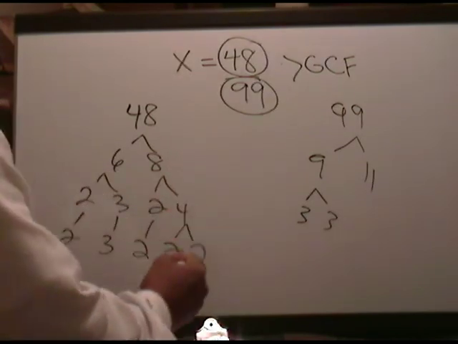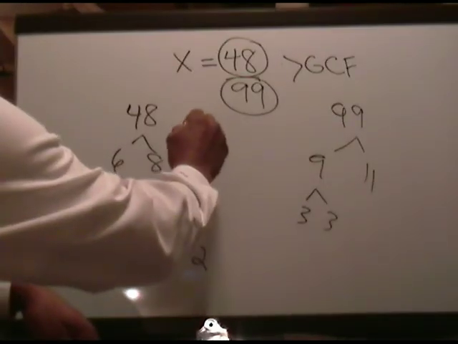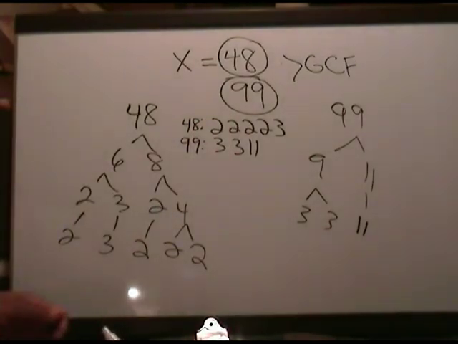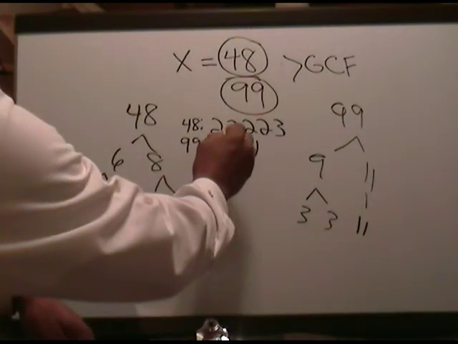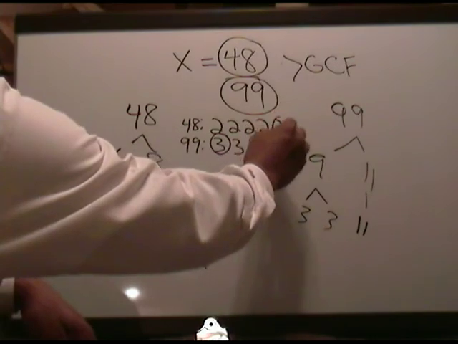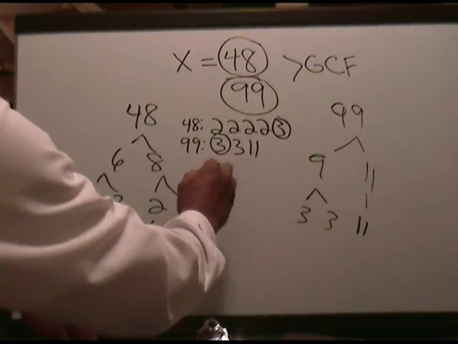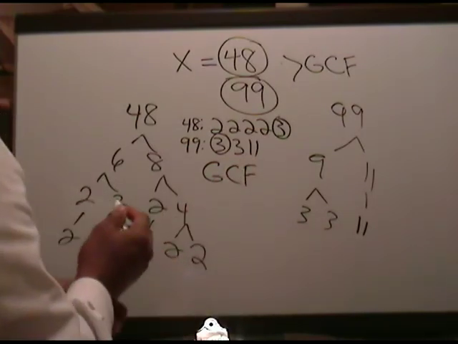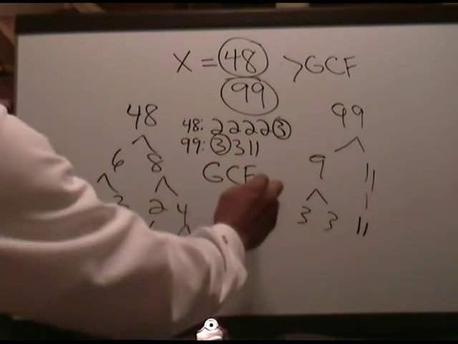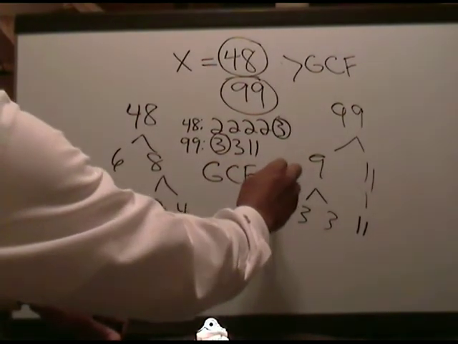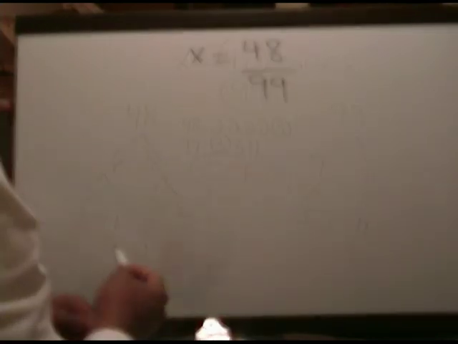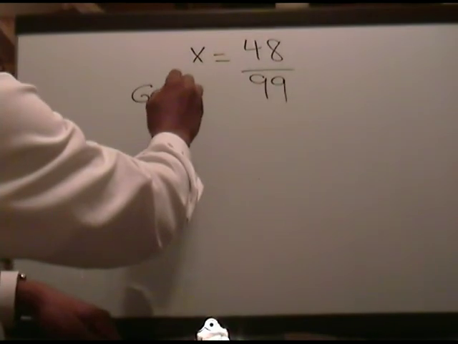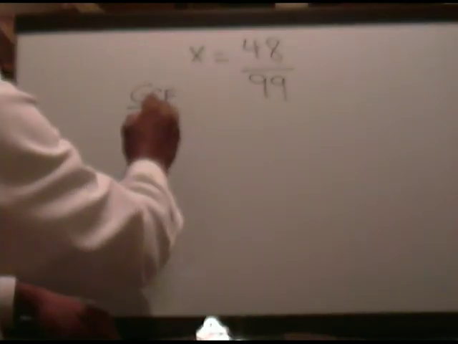And when we list the prime factors of 48 and 99, the common factor we have here is 3. So the greatest common factor of 48 and 99 is 3.